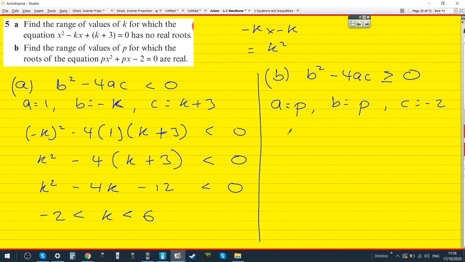So it'd be P squared minus 4 multiplied by P multiplied by -2 is greater than or equal to 0. And then it could be written out as P squared minus 4P, -2.